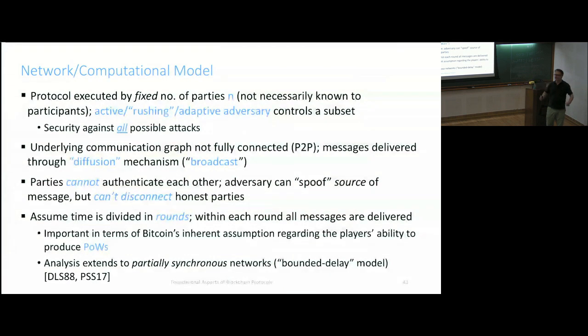This is a model that Dwork, Lynch, and Stockmeyer introduced back in '88, and they call that partially synchronous. But it's still a synchronous network. And this is what Pass, Shelat, and the others consider after we did this work; they showed how to formulate this in this model.